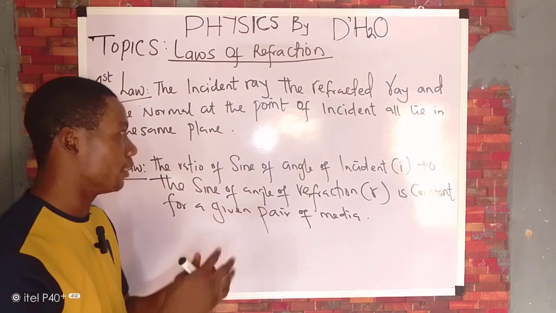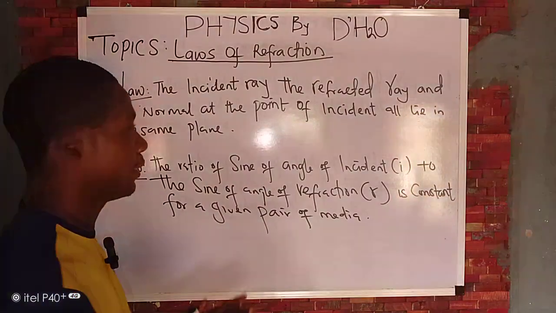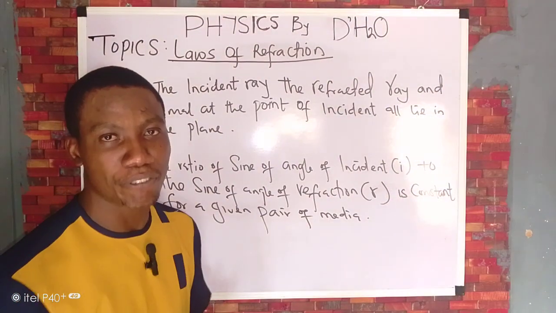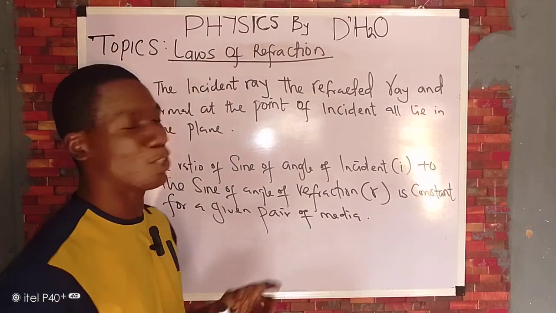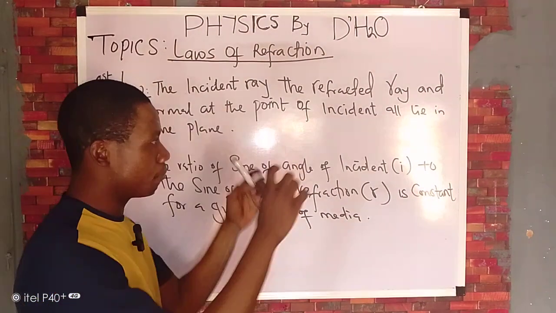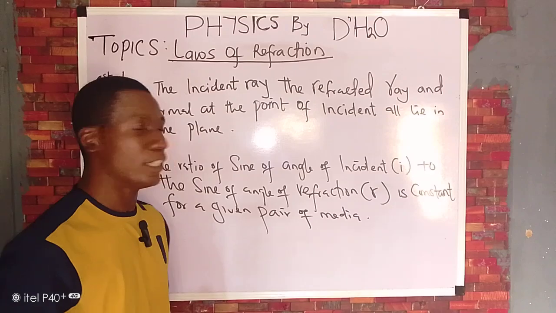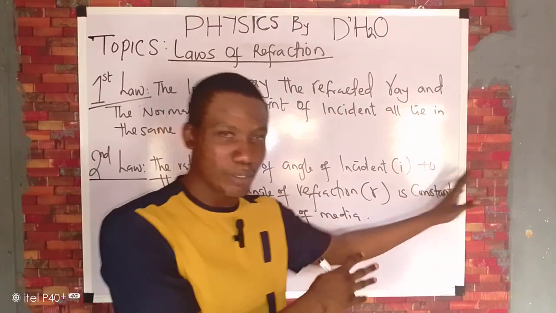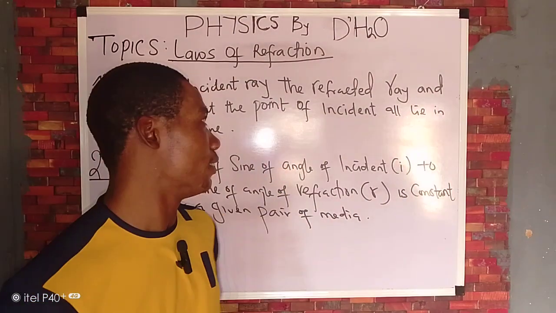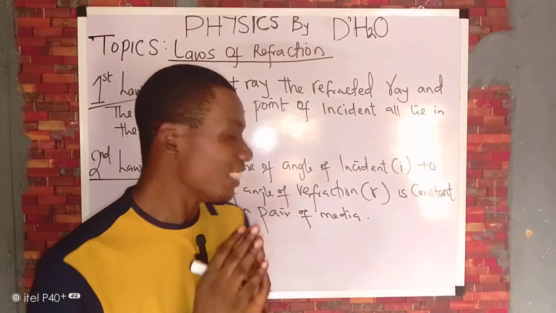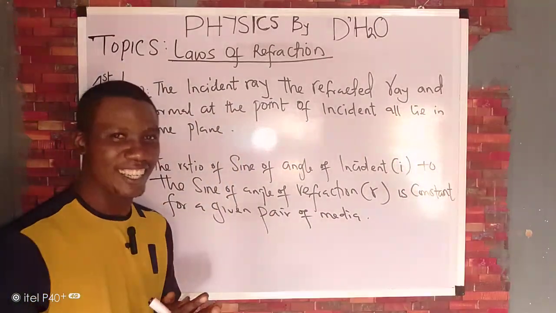What does that simply mean? It means that your incident ray, your refracted ray, and your normal, they are found in a particular diagram. It's not like you're having incident ray separately from refracted ray. They are all found in a single diagram.